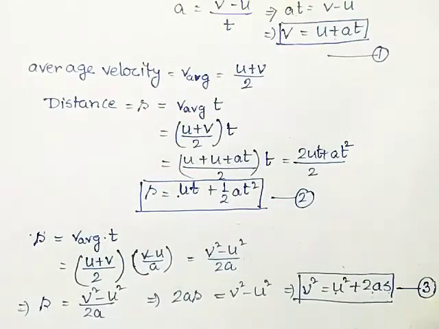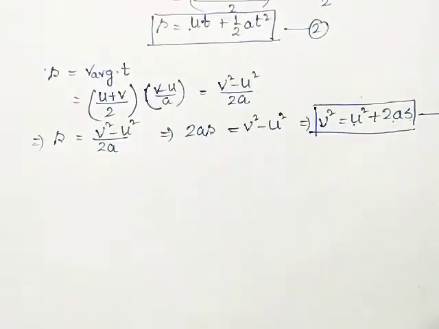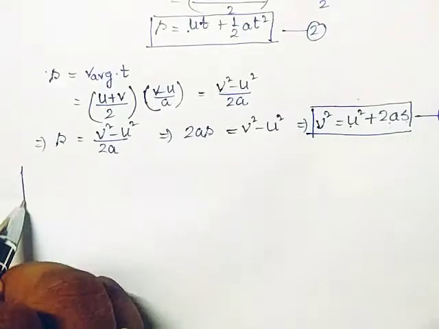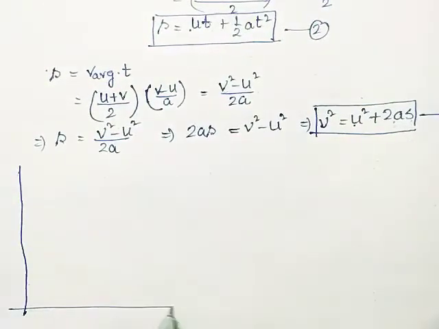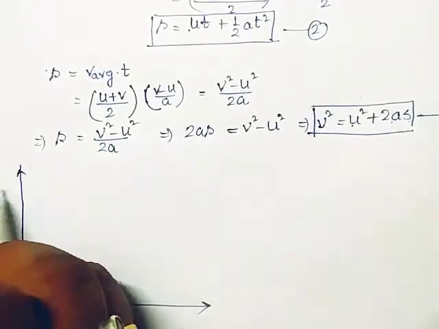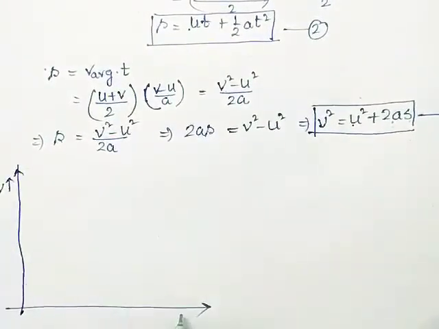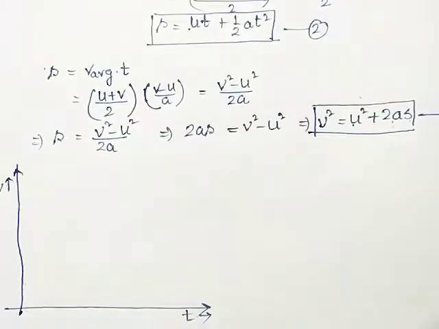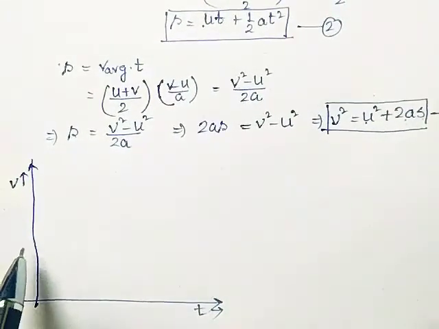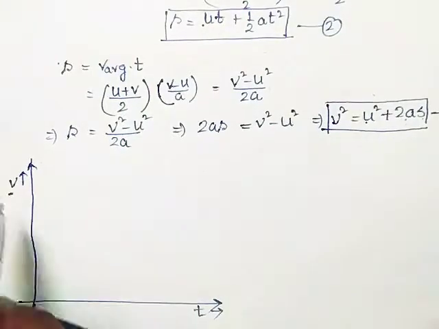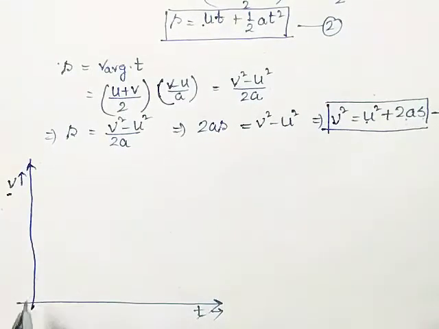Now if I calculate this with the help of the graphical method, how will it be? Let us see. We know that the area of the velocity-time graph gives us the displacement, that is, the distance also. So this axis represents the velocity and this one represents the time.